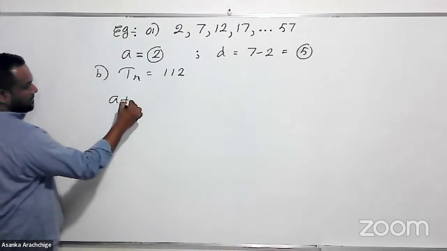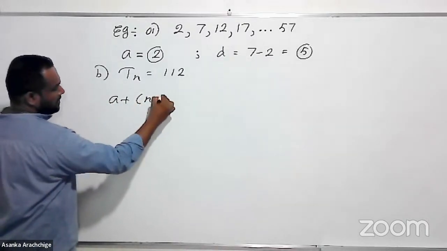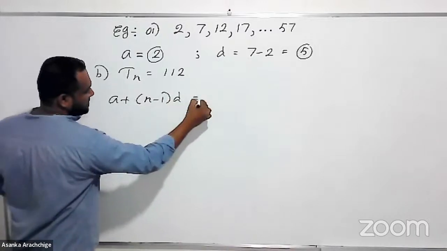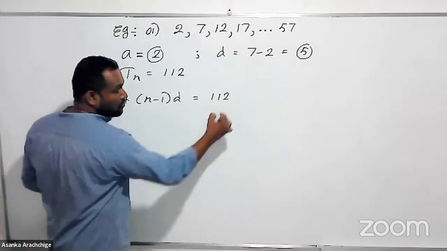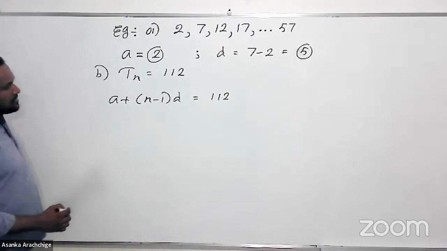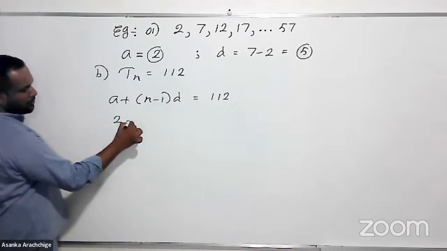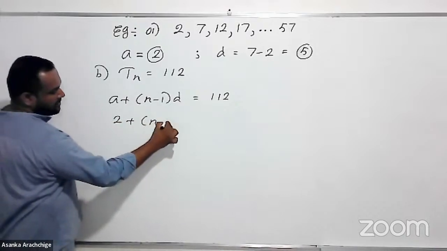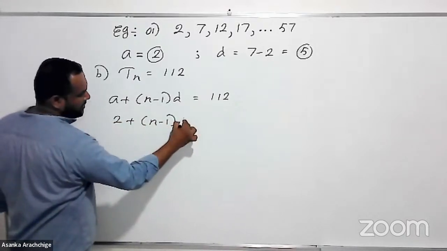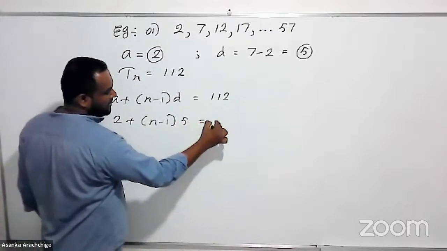Tn, a plus n minus 1 times d should be 112. Now substitute the values that we know. a is known, 2 plus n minus 1 times the common difference also known, 5.